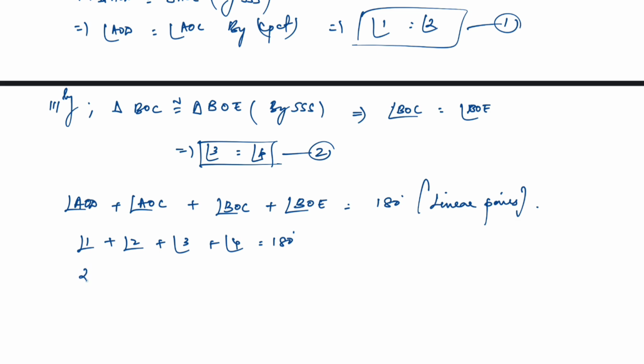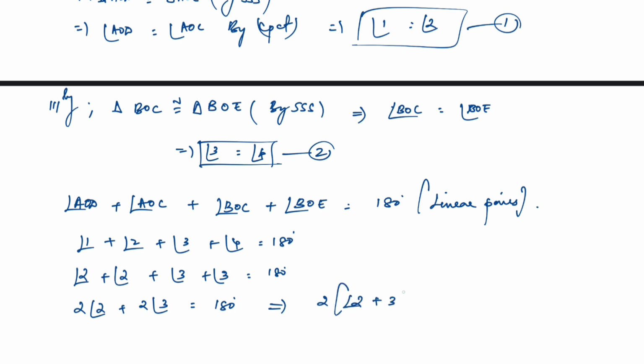Substituting them, we get angle 2 plus angle 2 plus angle 3 plus angle 3 is equal to 180 degrees. Here we see 2 times angle 2 and 2 times angle 3 is equal to 180 degrees. Taking 2 common, we get 2 times angle 2 plus angle 3 is equal to 180 degrees.